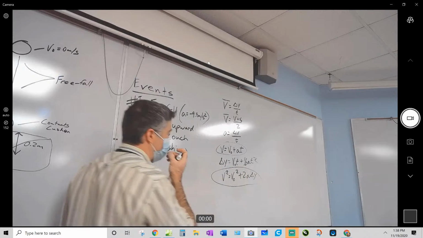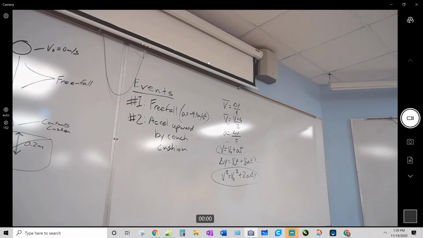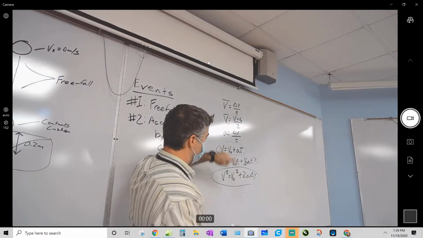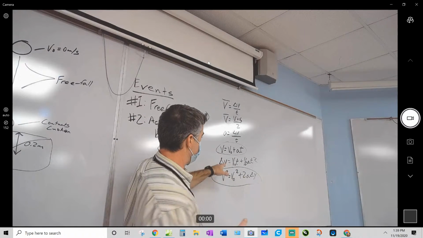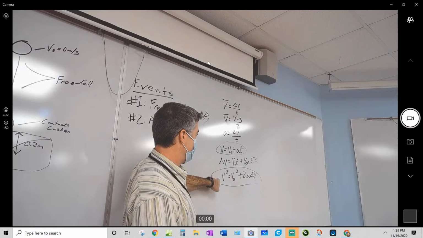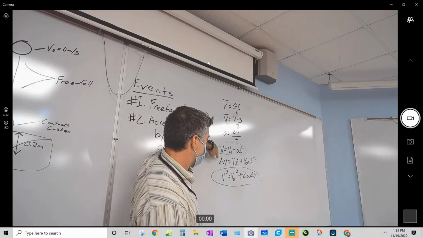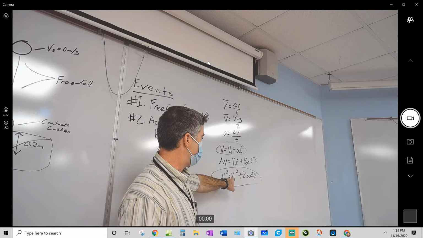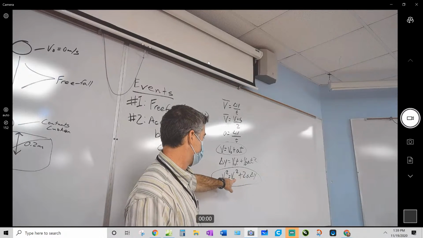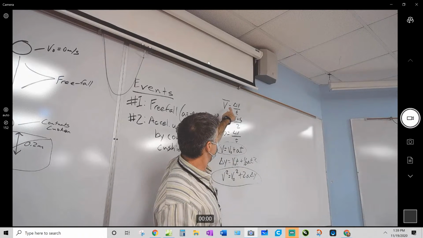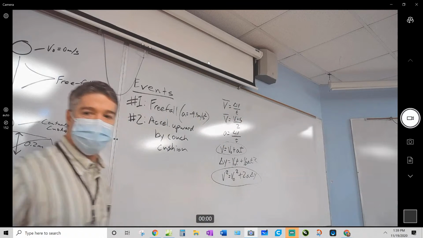When you have displacement, I guess there are 3 formulas that can be helpful, but usually when there's acceleration and displacement, it's either going to be this one or this one. If you've got time and displacement, this is the one you got to go with. If you don't have time, it's got to be that one. And this only works if there's no acceleration.